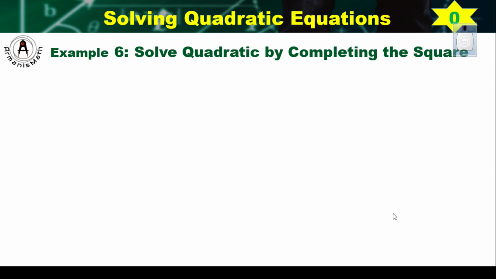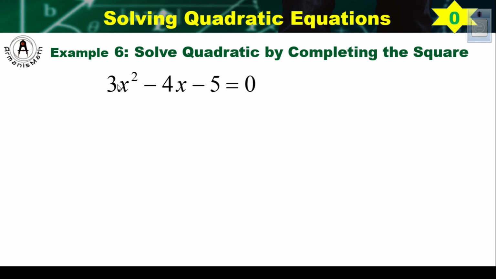That's what we're going to take a look at right now. Solve the quadratic by completing the square. All right, we've got 3x squared minus 4x minus 5. The first thing for this to work: remember when you complete the square, the a has to be 1.